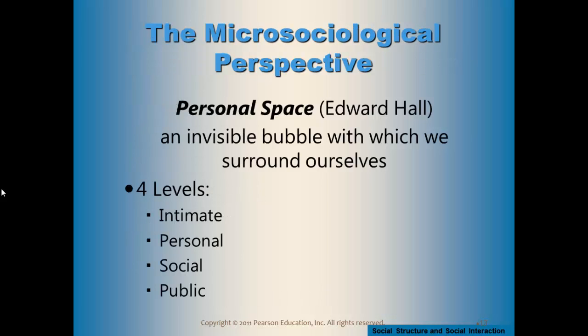Another concept in microsociology is about personal space, and this is Edward Hall. We hear about the bubble, right? And we all have our little personal bubble, and when people get too close, we feel it. Now, the shape of the bubble really depends upon a number of different things, including sometimes your age, but also your cultural background, your ethnic background.